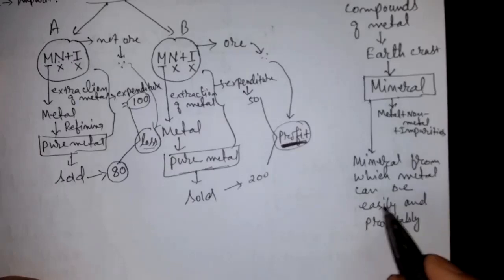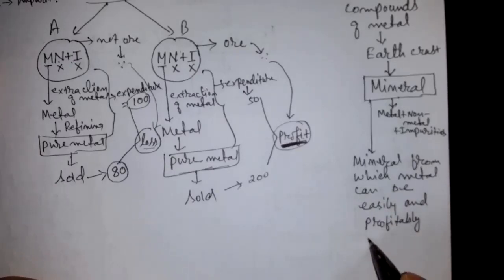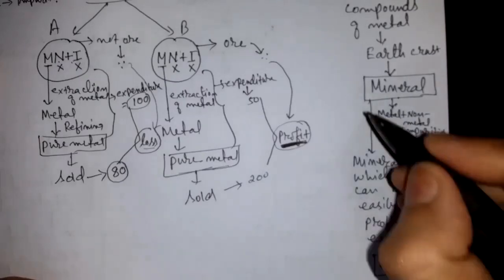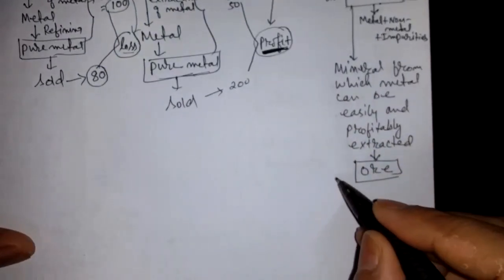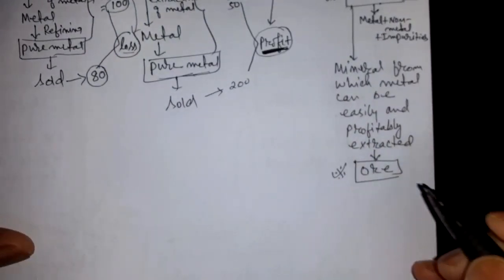Mineral from which metal can be easily and profitably extracted, that mineral is called ore. So this ore definition will be important.